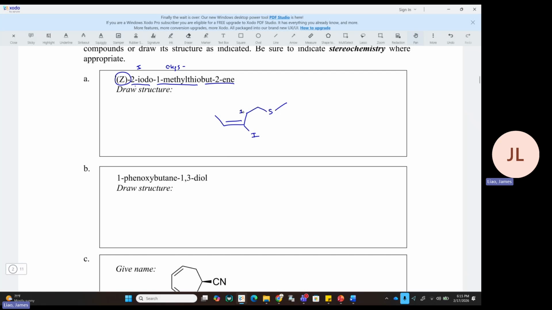Oh, that must be a mistake. Let me erase that, that was the error I was making. So this would look like this to make it a Z. Because they are on the same side, when you look at it on the right side, this is the top, and then this side would be at the bottom.